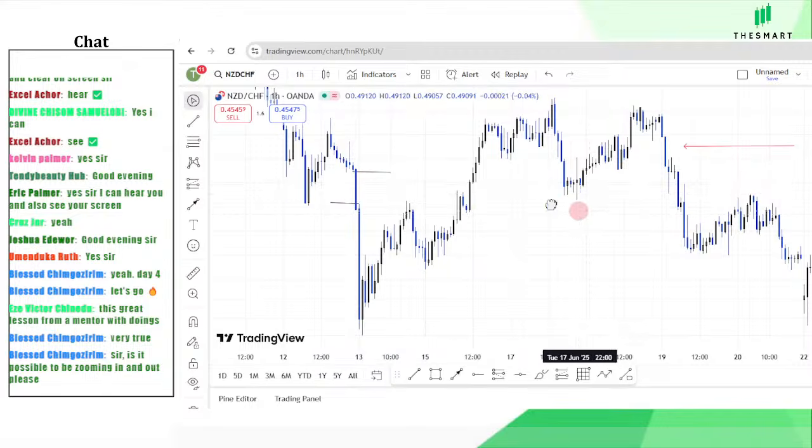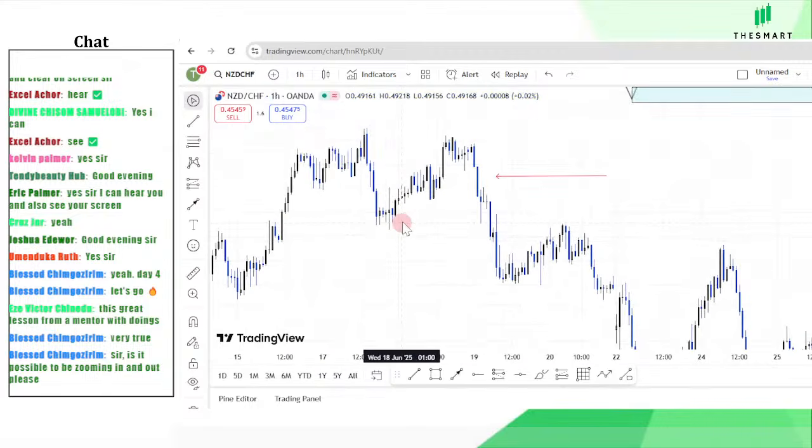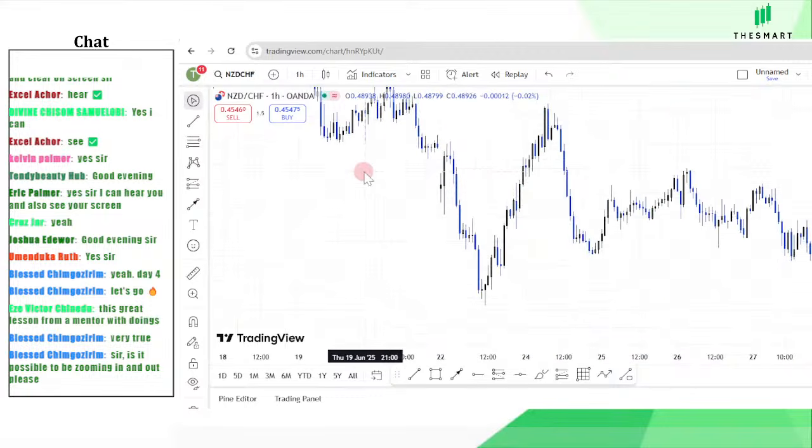Now let's look at another example. Look at this point. You see the movement to the upside compared to this movement to the downside. So this is impulse and this is kind of like less impulse. The momentum from this point to this point is lesser compared to what went down here. Now let's look at something else again.